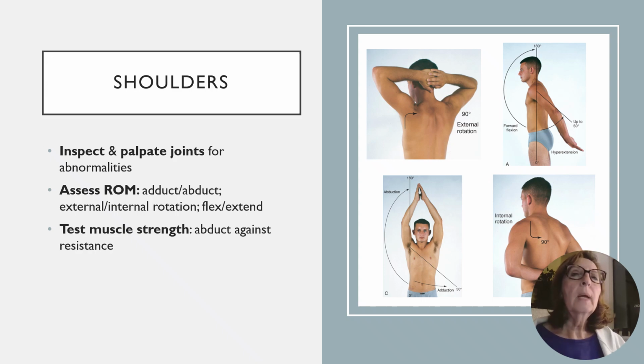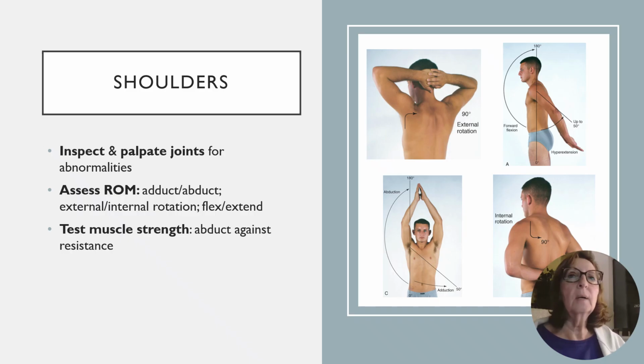When we are talking about inspecting and palpating the shoulder areas, there are some motions here. Please make sure that you know these. External rotation, as you can see, is hands behind the head. Internal rotation, if you know about military terms, is kind of a parade rest position.